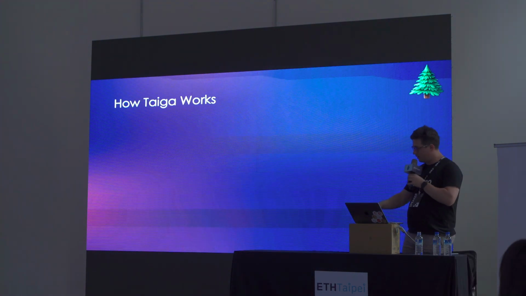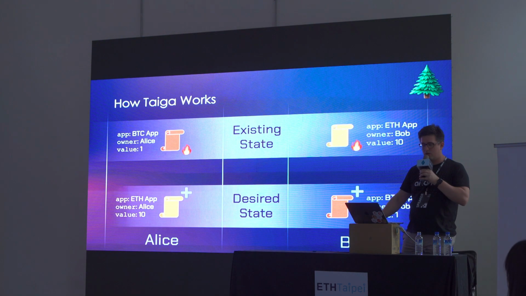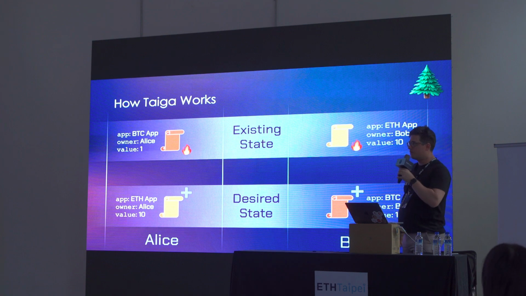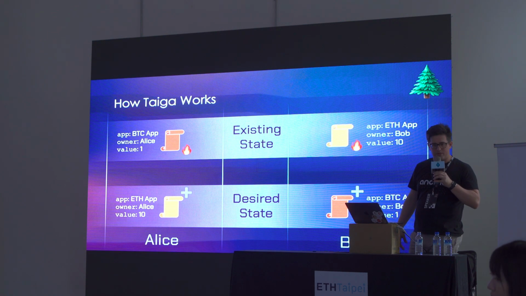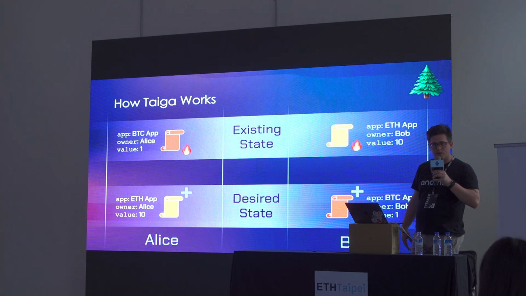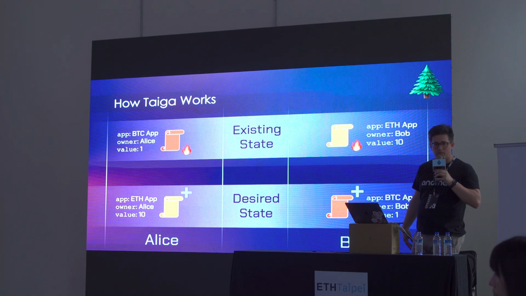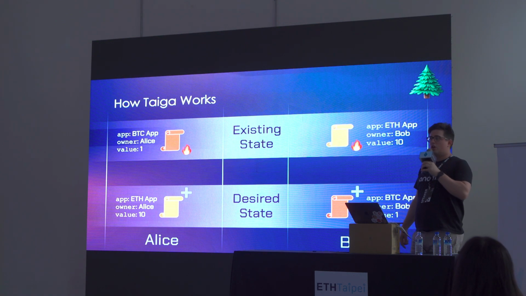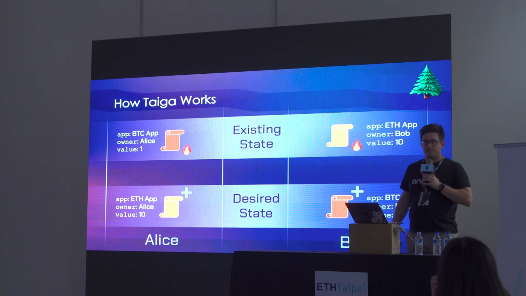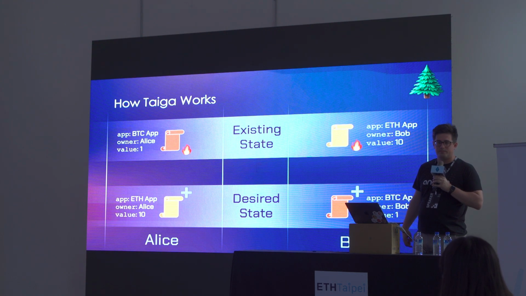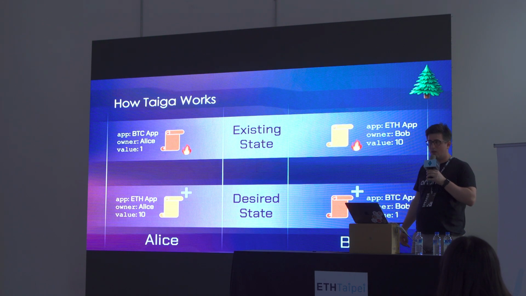You mean here? So how do different apps have different states? Different dapps have different states. Since each dapp has its own proof, how do you make the proof work across different dapps?